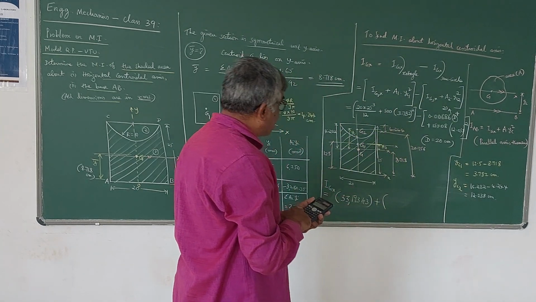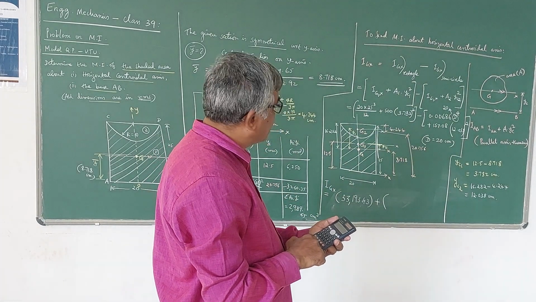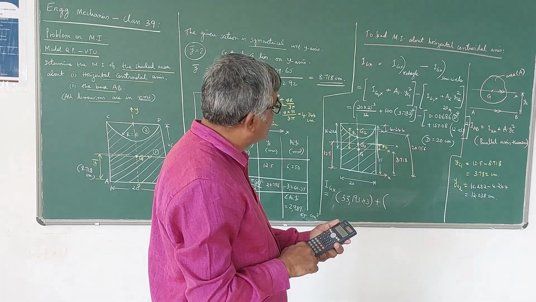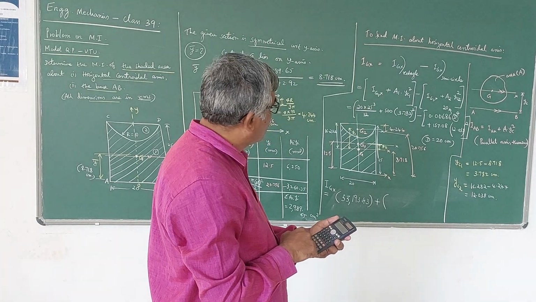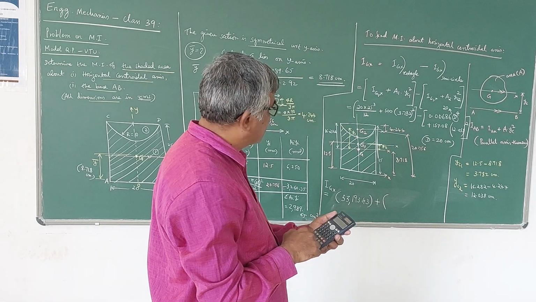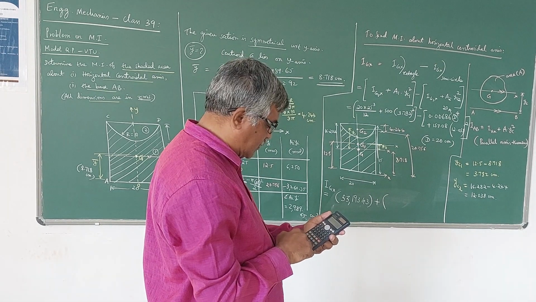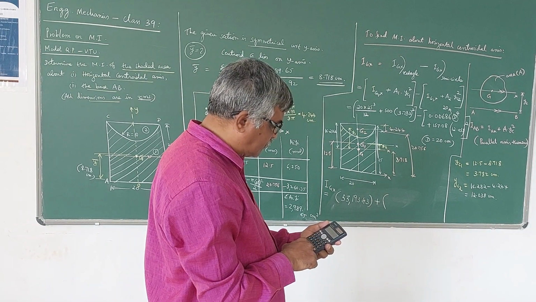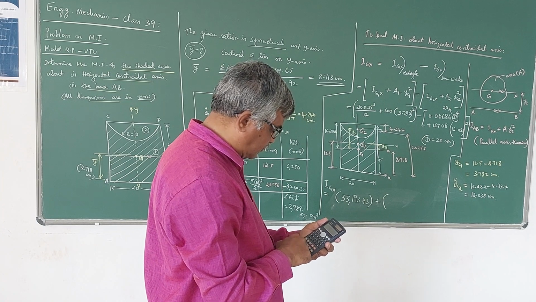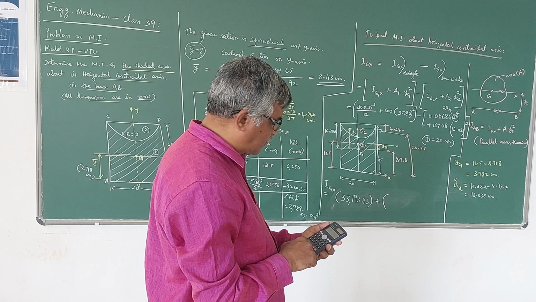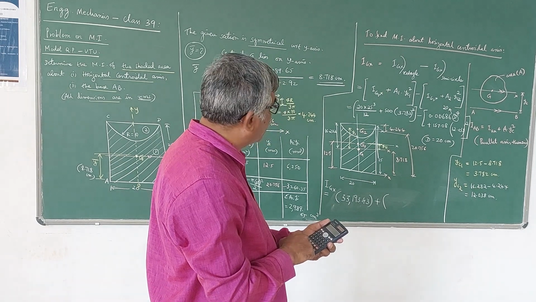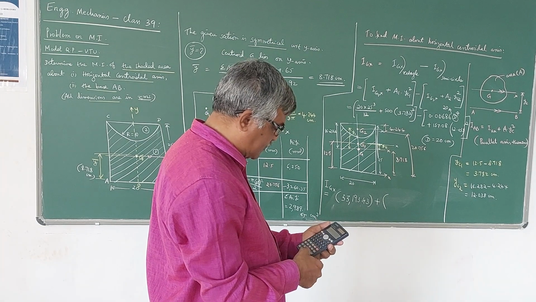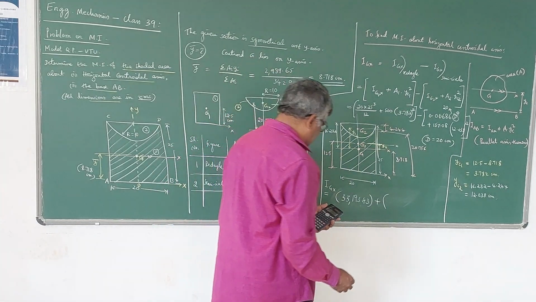So 0.00686 into 20 to the power 4, means 20 square into 20 square, 400 into 400, plus 157.08 into 12.038 square. Okay, so this value is 23860.6.